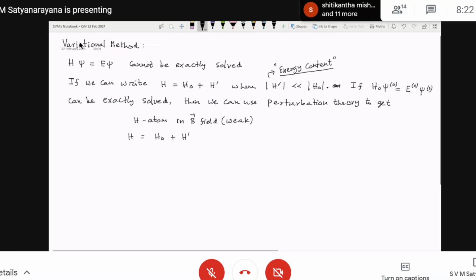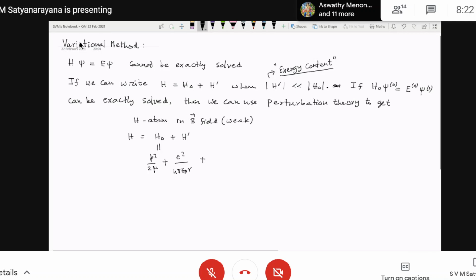Then this H0 corresponds to the kinetic energy plus e squared by 4 pi epsilon naught r, the hydrogen atom kinetic energy plus potential energy.